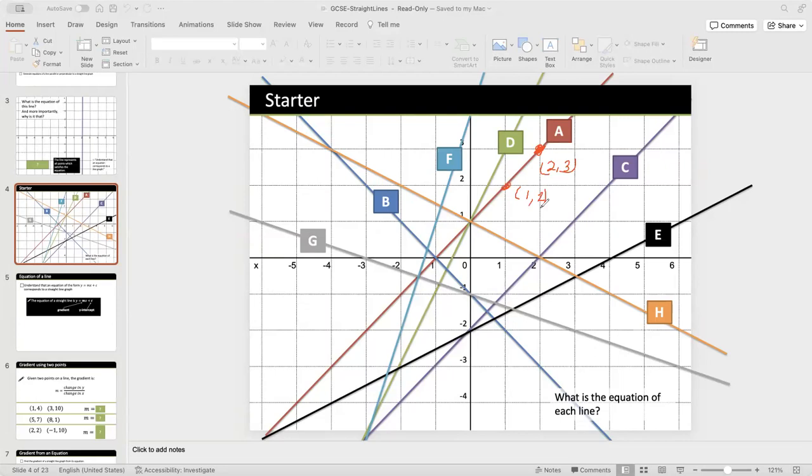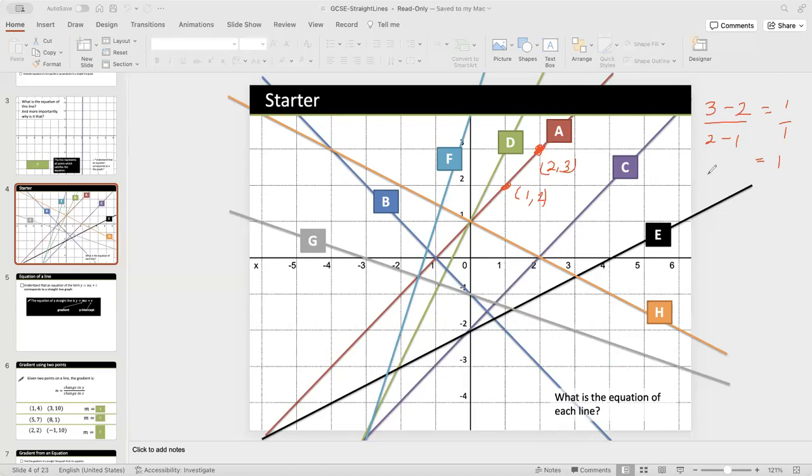So now you find the gradient. The gradient is the difference in y divided by the difference in x. That gives you 3 minus 2 divided by 2 minus 1, which gives you 1 divided by 1.